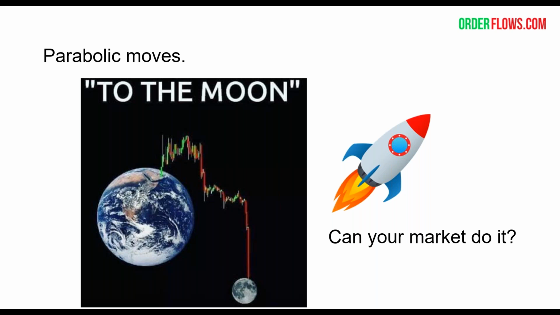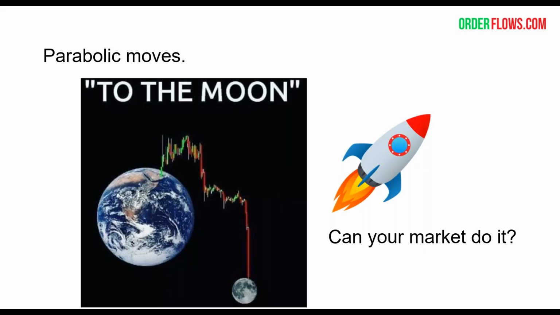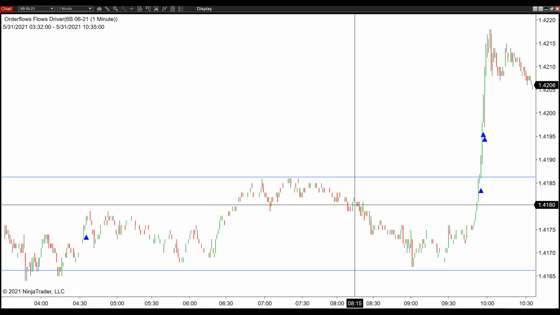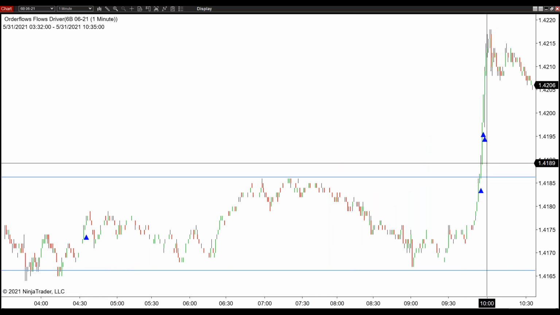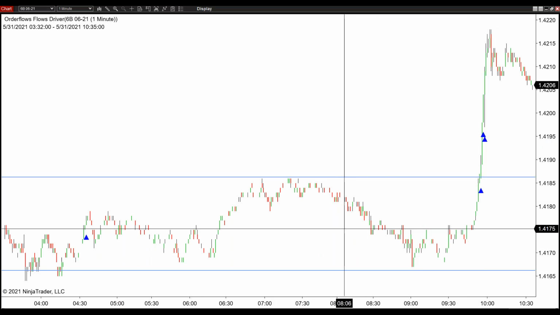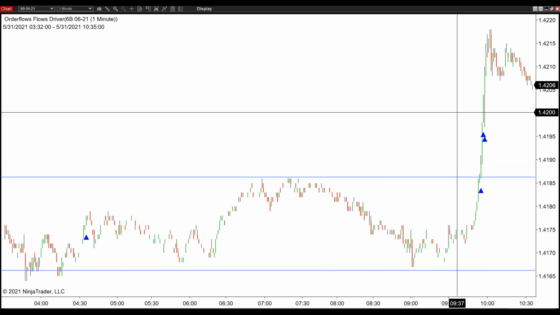When it comes to trading certain markets, you got to understand, can the market have a straight up and down move generally? To me, that British pound move is what I would consider a parabolic move. It literally shot straight up here. People say it's not really a parabolic move, but to me, that's a parabolic move.